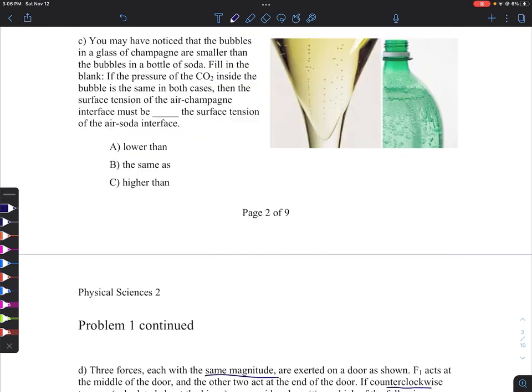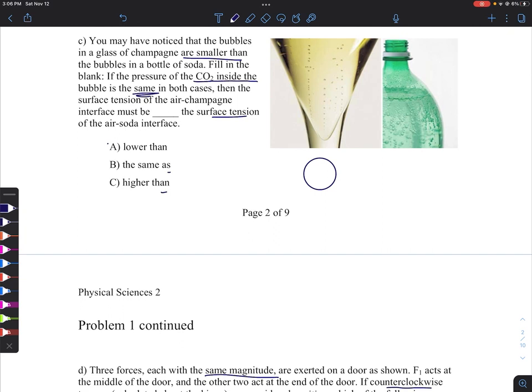You may have noticed that the bubbles in a glass of champagne are smaller than the bubbles in a bottle of soda. If the pressure of the CO2 inside the bubble is the same in both cases, then the surface tension of the air-champagne interface must be lower than, the same as, or higher than the surface tension of the air-soda interface. So I'm going to start by drawing a picture.